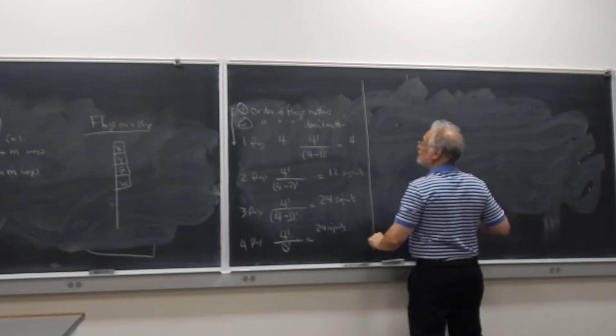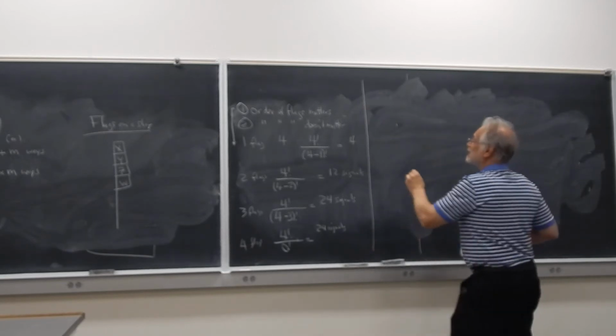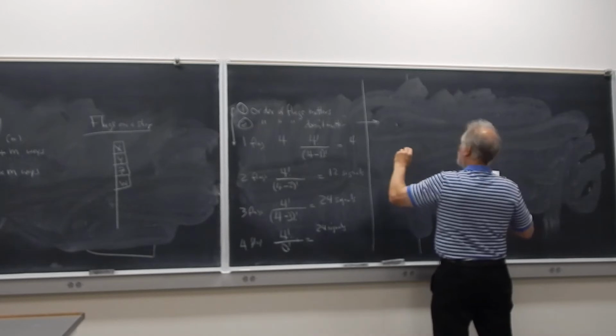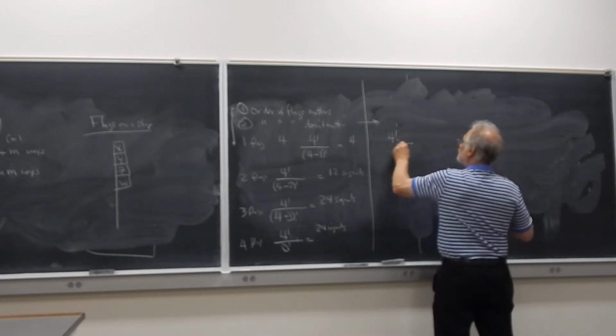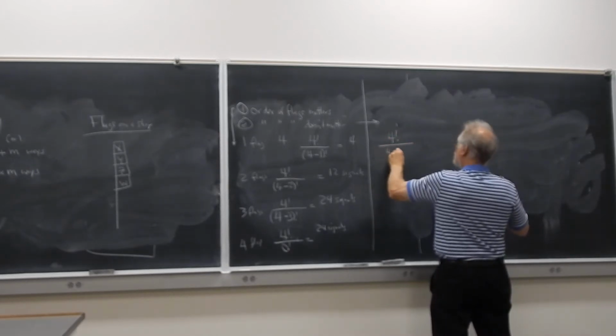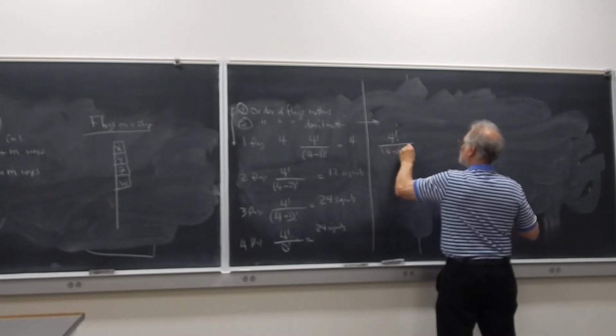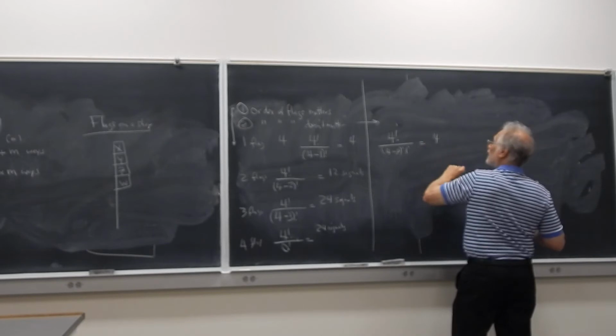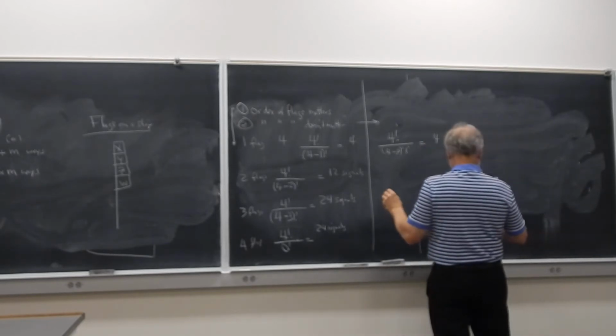On the other hand, suppose it doesn't matter. Now, for one flag, I can send 4 factorial over 4 minus 1 factorial times 1 factorial, or 4 signals, just like before.